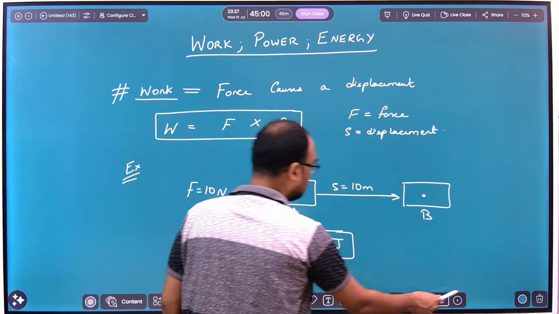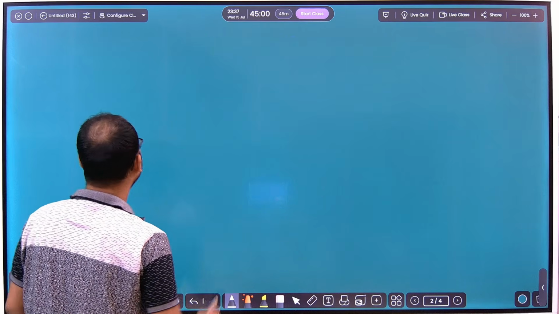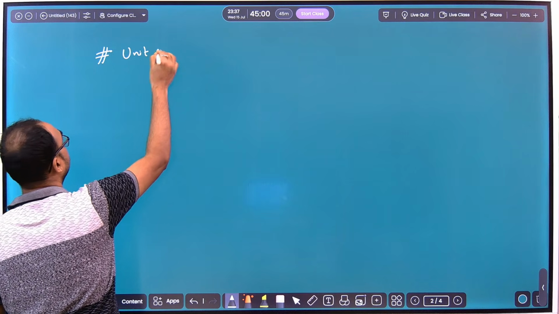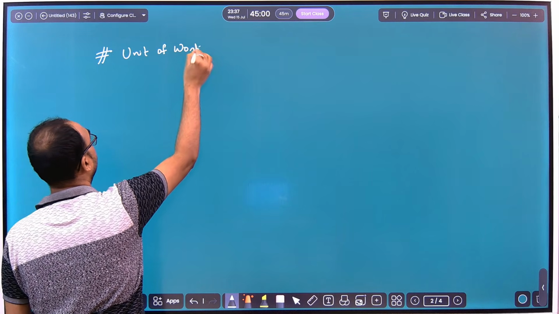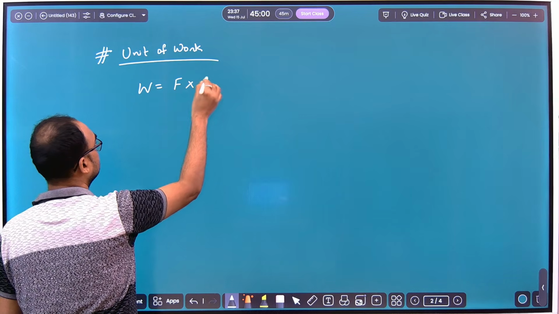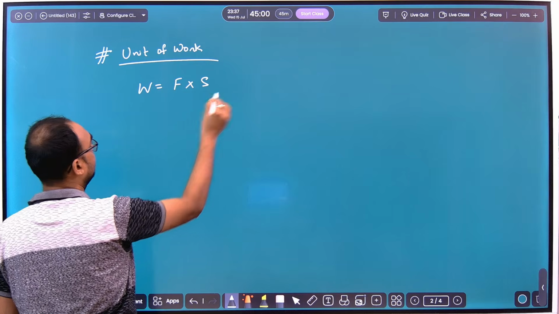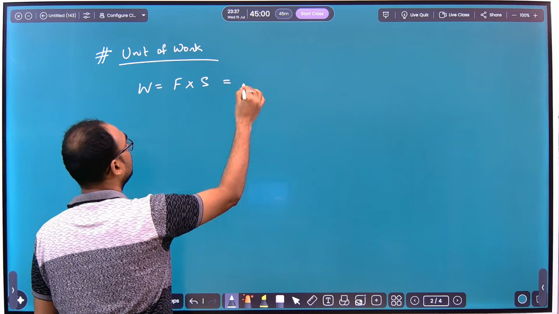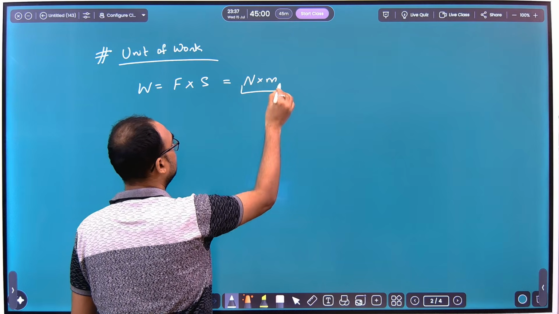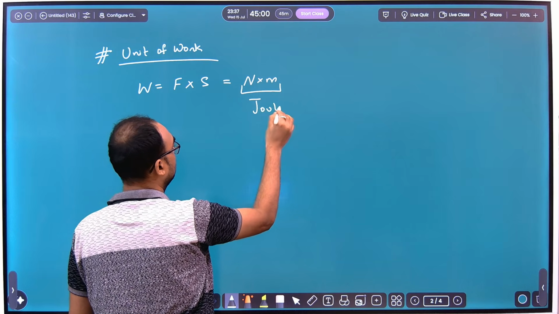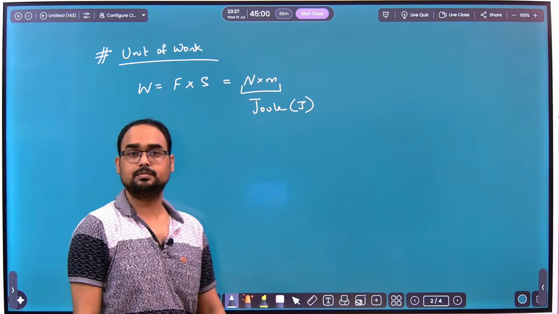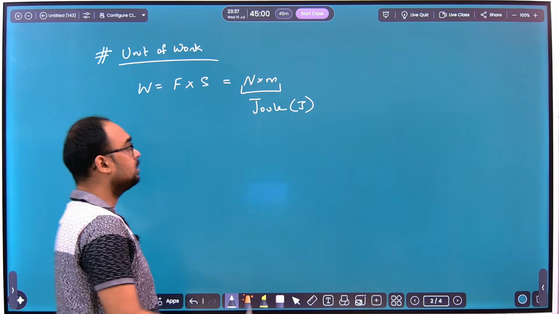So now let's move over here, the unit of work. Now see, since W equals F into S, we know that the unit of force is Newton and for displacement is meter. This becomes the unit joule, that is J. Okay, so that is the SI unit.